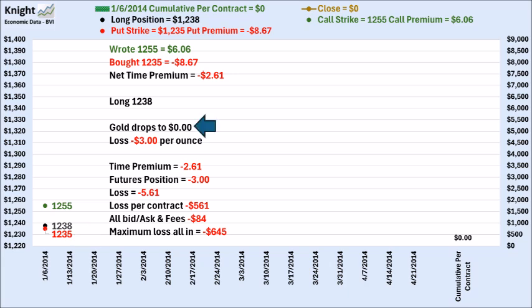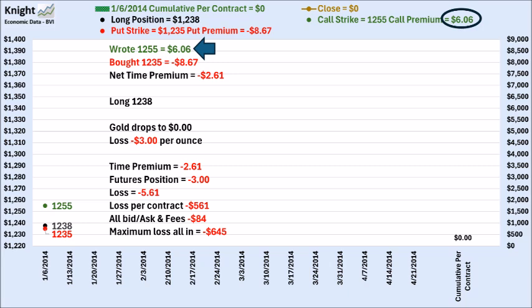With the price of gold at zero, we deliver our $1,238 long to the $1,235 put we own. Our loss in the position would be defined at $3 per ounce, or $300 per contract, because options objectively define risk. There is absolutely no possibility for order execution slippage, even if the gold market were immediately to gap down by $1,000 per ounce or $100,000 per contract.